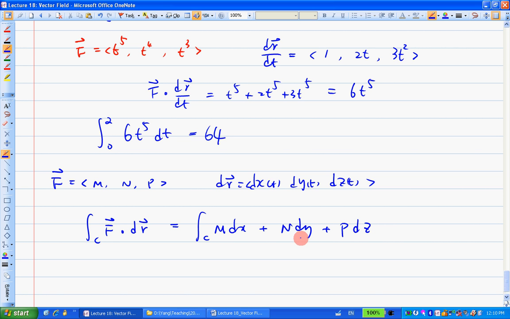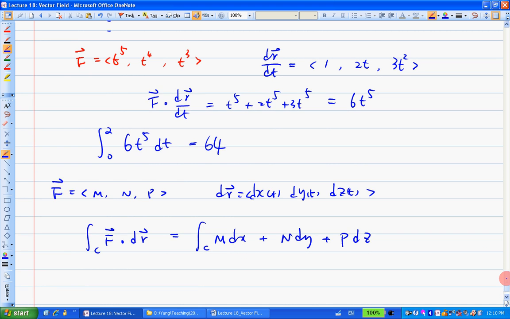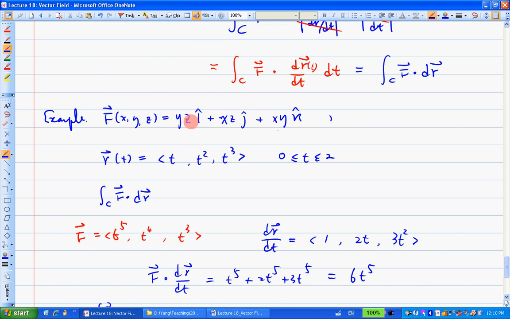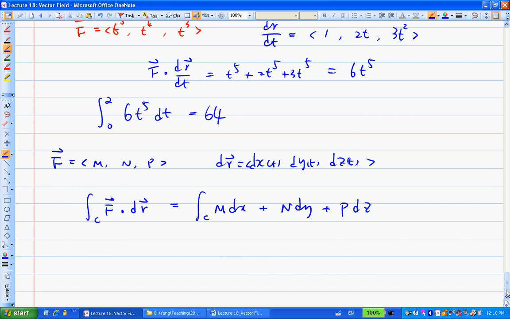But using this formula, there is a tendency of making a mistake. A lot of people make mistakes using this formula. For example, M is yz, N is xz, and P is xy.